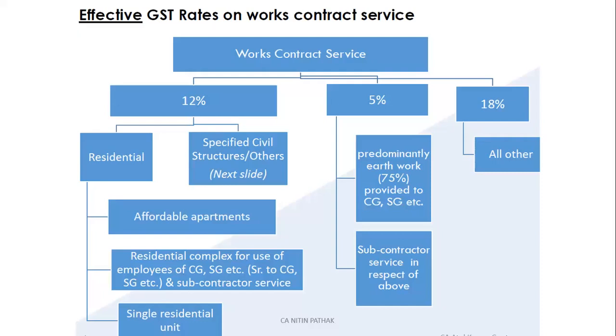Specified civil structure and others, which I am talking about later on. Then 5%: predominantly earthwork provided to state government, central government, local authority, local panchayat, government entity, it applies to all of these, and subcontracts related to the above, it would be 5%. Rest would be 18%. Now I am going to discuss the specified structures in the next slide.